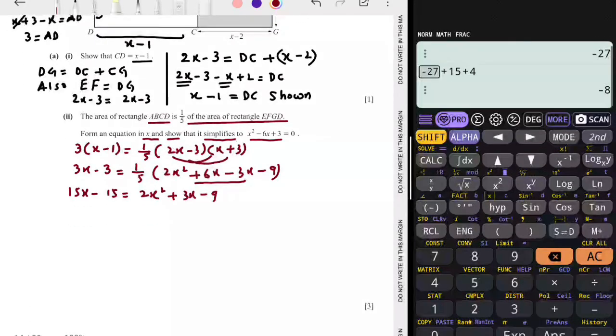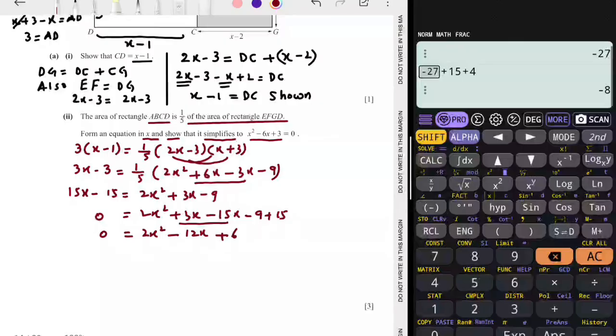Now it will be 2x square plus 3x. Shifting plus 15x from this side to the other side would be minus 15x minus 9, and then minus 15, is equal to 0. So 2x square, subtracting these values, becomes minus 12x, and this becomes plus 6.